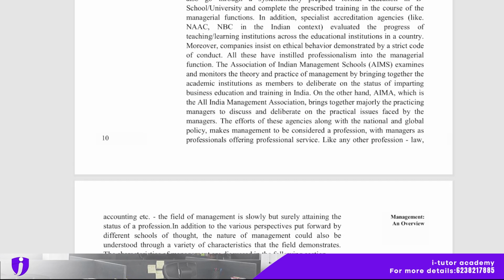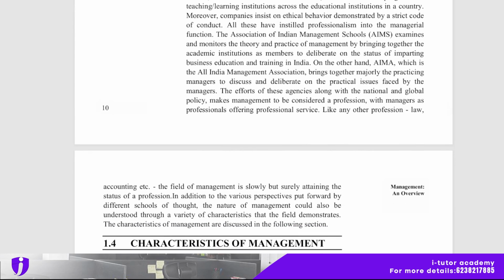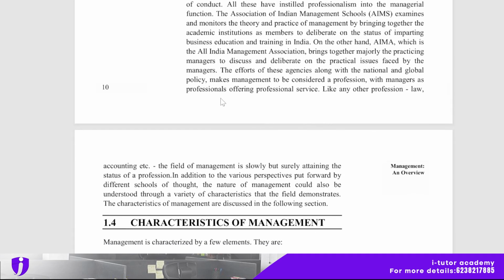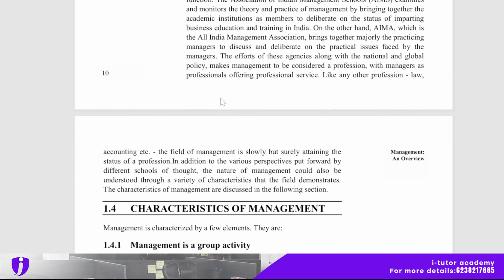The Association of Indian Management Schools, AIMS, examines and monitors the theory and practice of management by bringing together academic institutions as members to deliberate on the status of imparting business education and training in India.